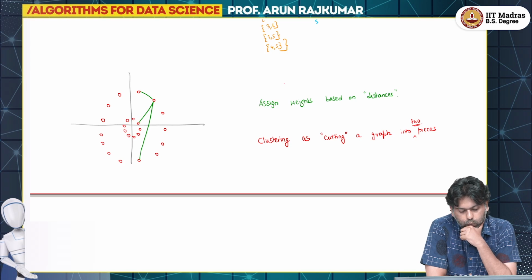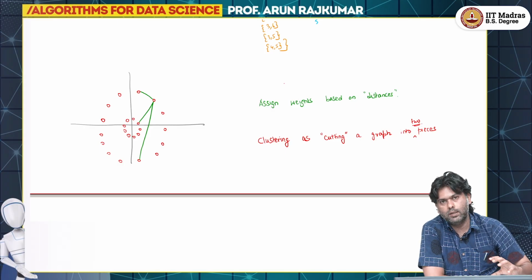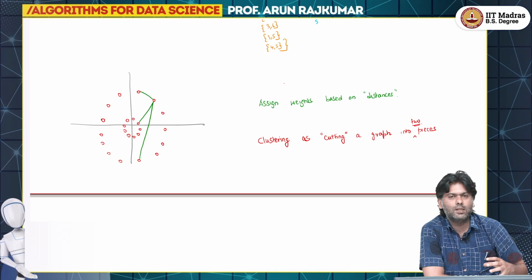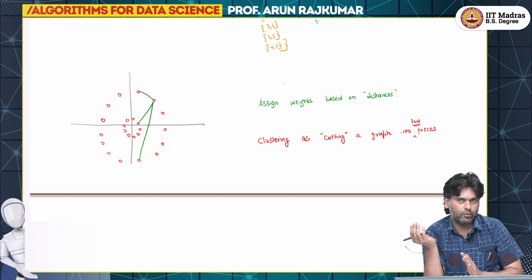So, what does it mean to say we are cutting a graph into 2 pieces? Now, every data point is a node or a vertex. Now, I am going to cut the graph into 2 pieces, means that I am going to treat one set of nodes separately from its complement set of nodes, right.